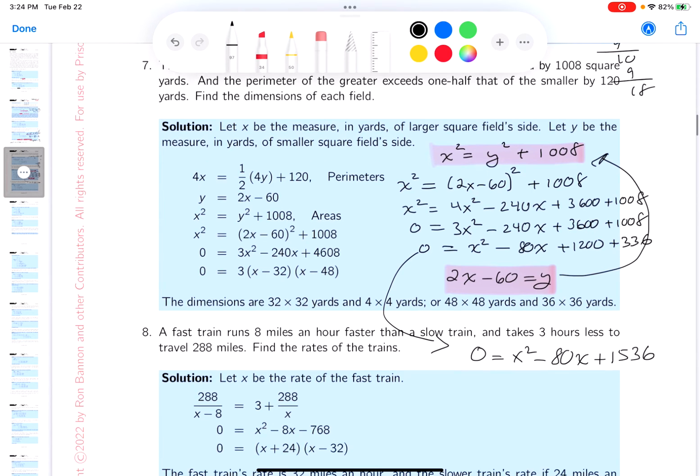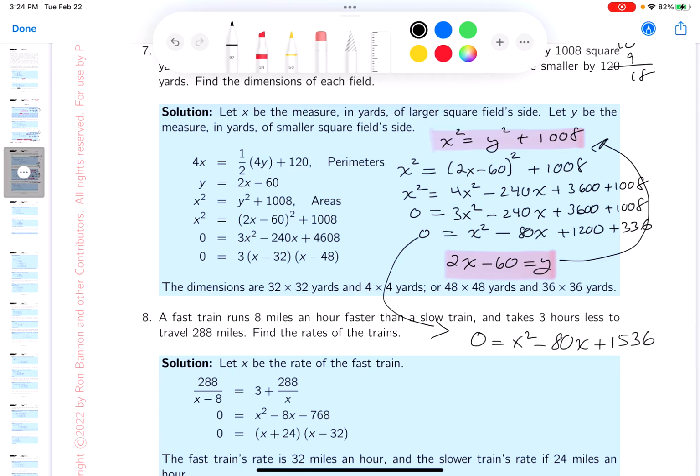And right there, I'm looking at it, and it gets tough. I know it gets tough. I could understand saying I want to use completing the square. You know what? I'm going to use completing the square. Let's put that down. So 0 equals x squared minus 80x. I need to take half of the minus 80, which is minus 40, and square it, and that's 1,600.